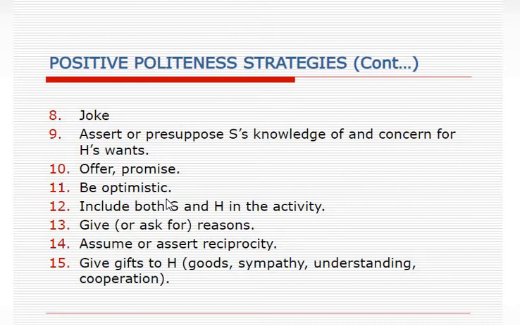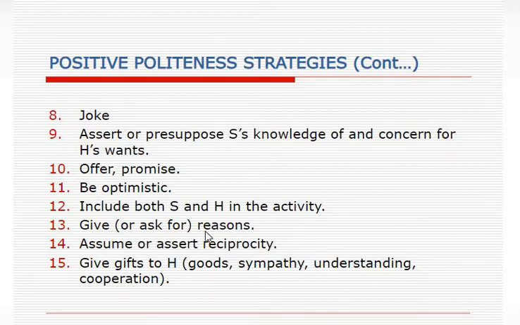Be optimistic. This is another positive politeness strategy in which all the sentences, all the utterances in which the hearer or the speaker is trying to be optimistic, we can say these are positive politeness strategy. Well, strategy number 12 include both speaker and hearer in the activity. Give or ask for reasons.